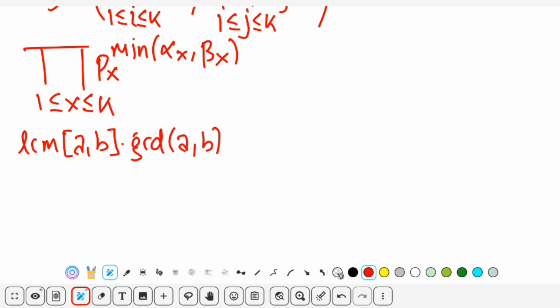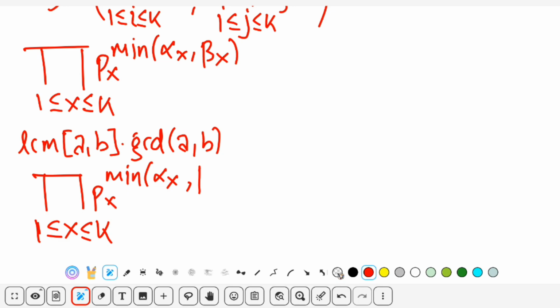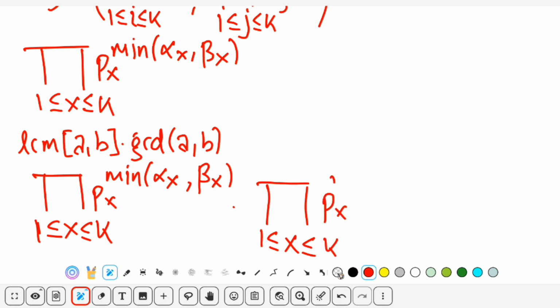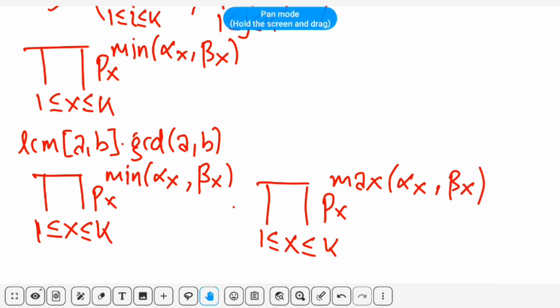Now let's write the product for 1 less than or equal to x less than or equal to k of px raised to the power of the minimum value of alpha x and beta x, times the product for 1 less than or equal to x less than or equal to k of px raised to the power of the maximum value of alpha x and beta x. Let's multiply them.